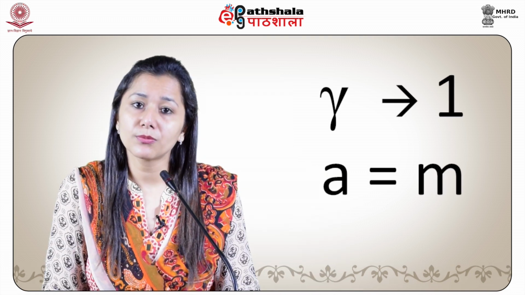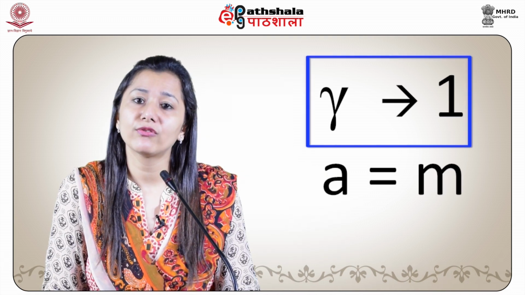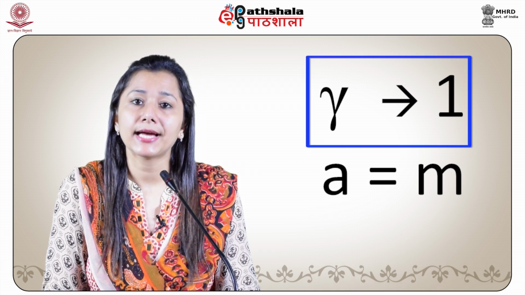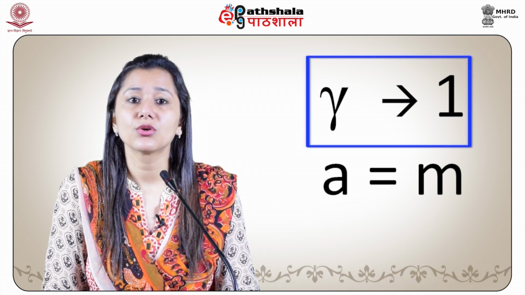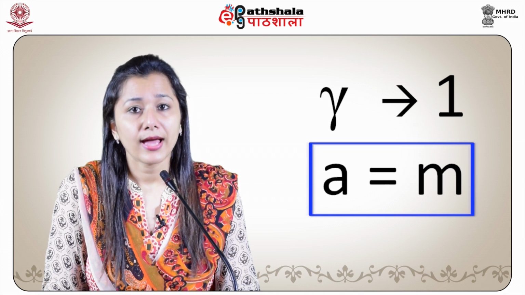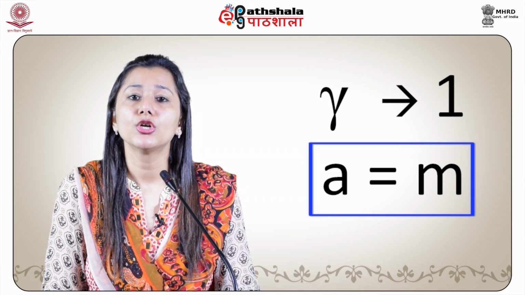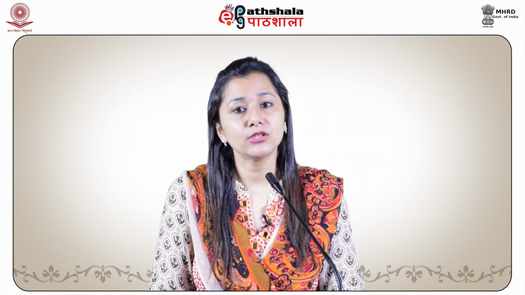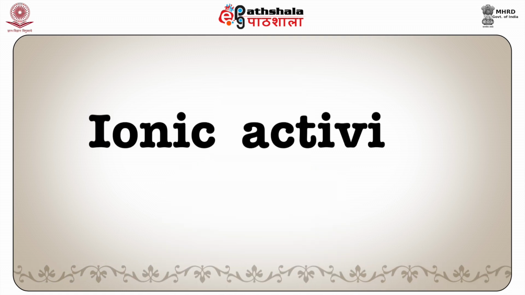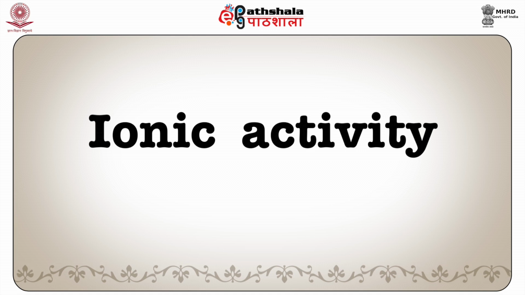As concentration approaches 0, the activity coefficient approaches unity, that is, gamma approaches 1. Therefore, activity is equal to molality, that is, it becomes equal to concentration. Again, we should note that in very dilute solutions, since the interactions become insignificant, concentration and effective concentration are the same.